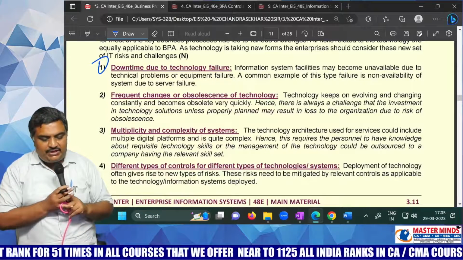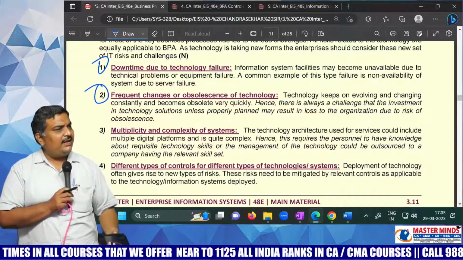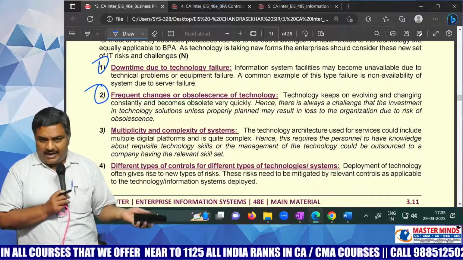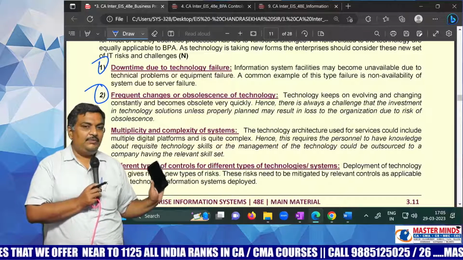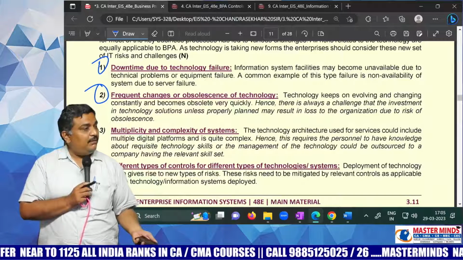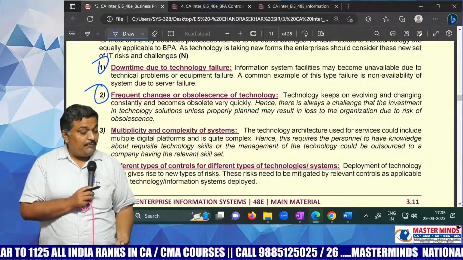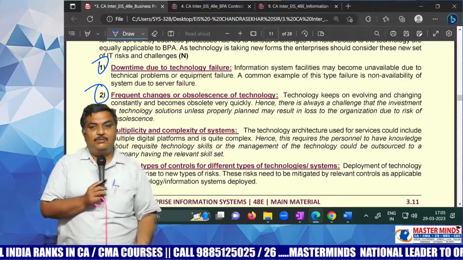Next, second one: frequent changes or obsolescence of technology. Just last night I updated my Android, and this morning again a new update came. It warns that if you don't make this update, we are not responsible for any risks. Then again I have to update.